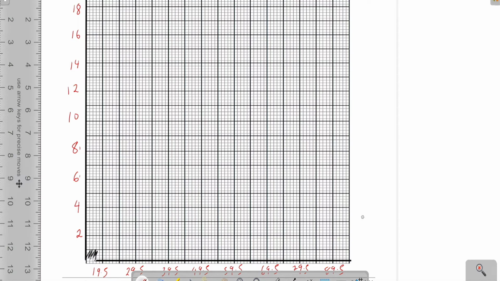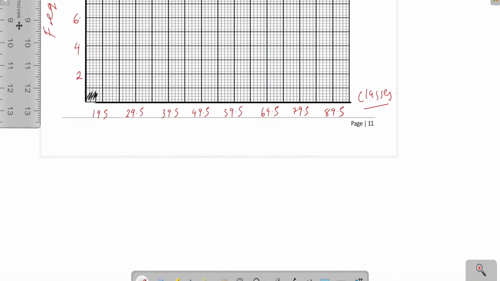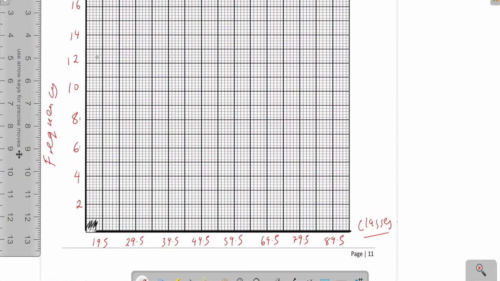Here below are our classes, which I drew earlier, and this is our frequency. Let me confirm what we call those classes, it is max. So instead of writing classes, you write them as max.